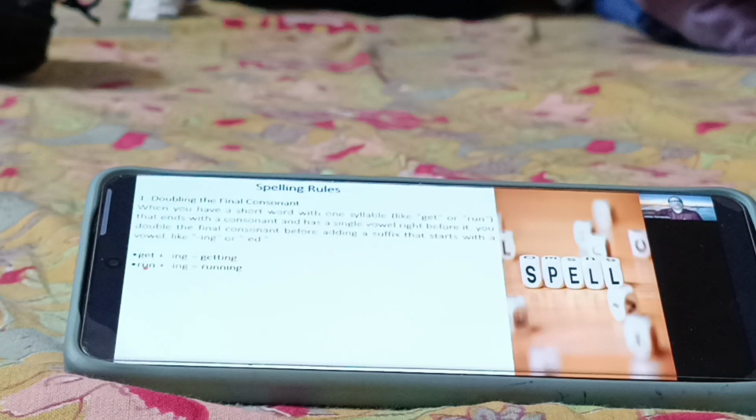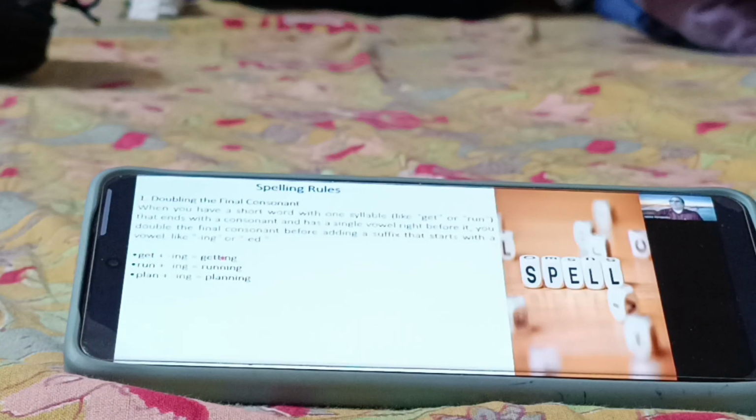We'll see the next example. Again, run, N being the consonant sound and U being the vowel sound. So running. So you're adding the suffix here. Next example, planning. So you have the vowel sound and the consonant sound. Looking at the vowel sounds E, U, A, and the consonant sounds T, N, N, here you're doubling the consonant sound before putting in the suffix.